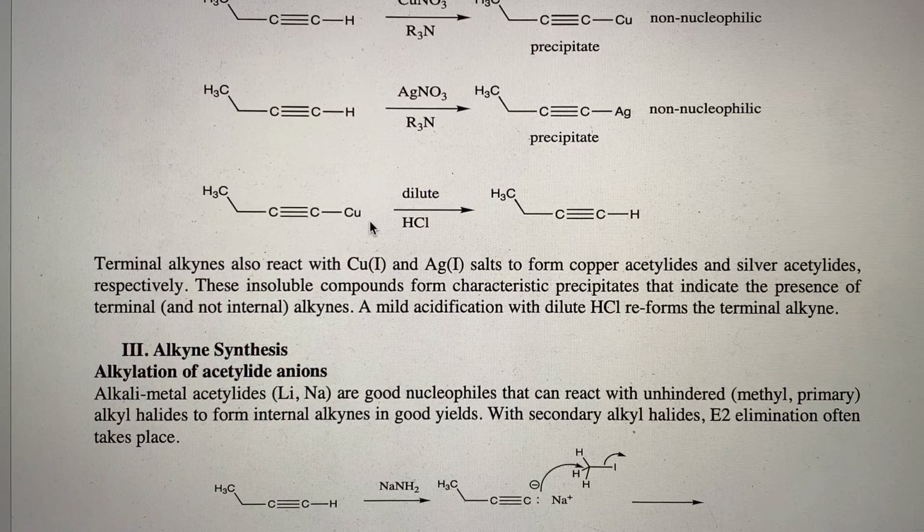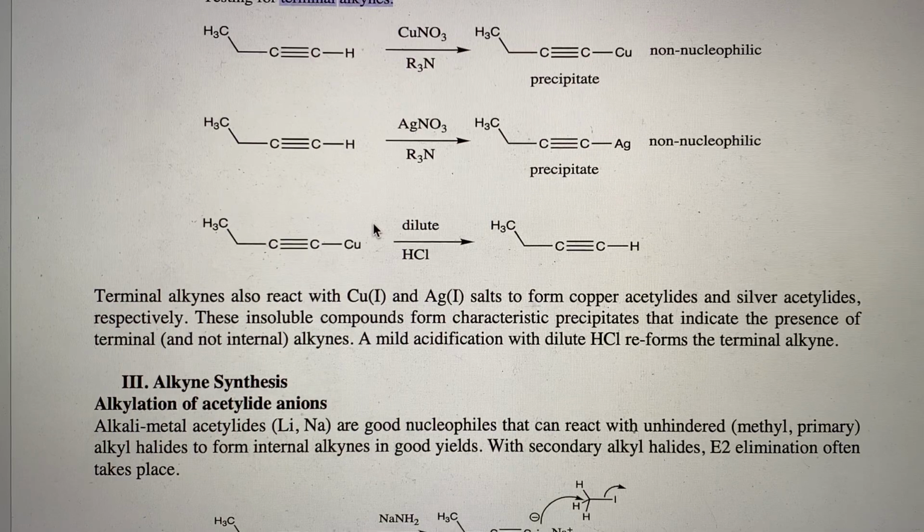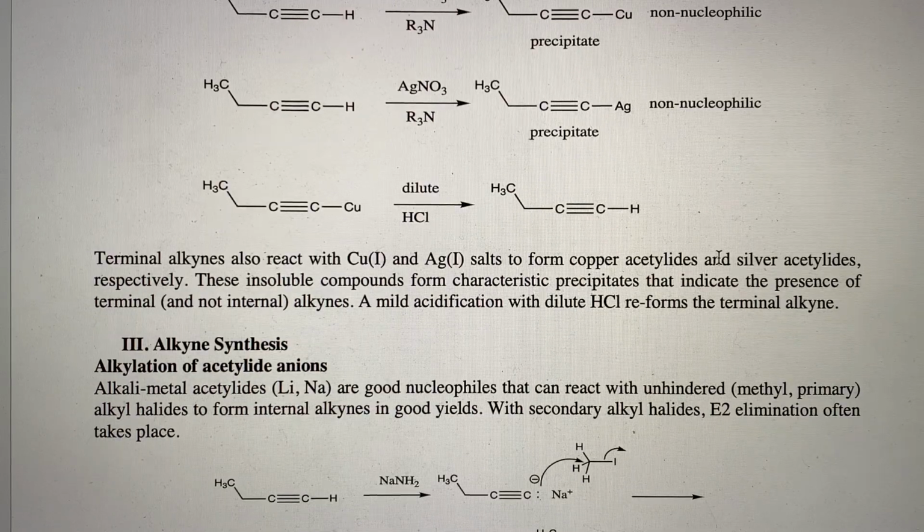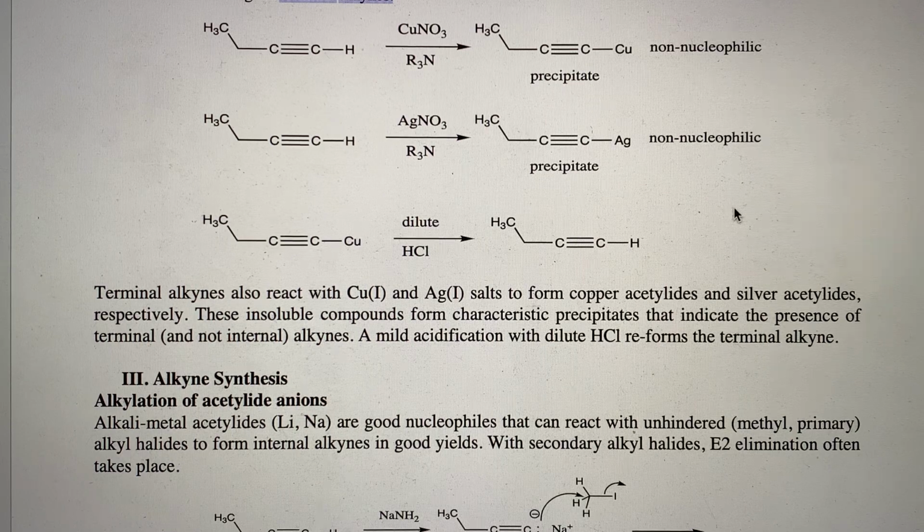Also, when you get the compound, you can always put the hydrogen back in under acidic conditions. So with those, you can test, and the precipitate formation will tell us that it is a terminal alkyne.